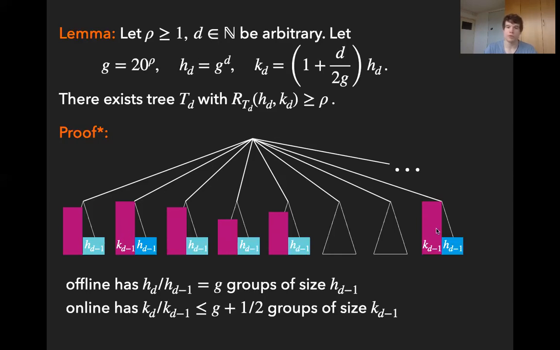It could also reduce the number of online servers in this last subtree. If this happens, then we just continue the request sequence in this last subtree until eventually in both of these subtrees, the number of online servers will be k_{d-1}. And then we just continue like this. Again, we pick the subtree with the smallest number of online servers, which would be this one, and we issue the request sequence from the induction hypothesis to increase the number of online servers.